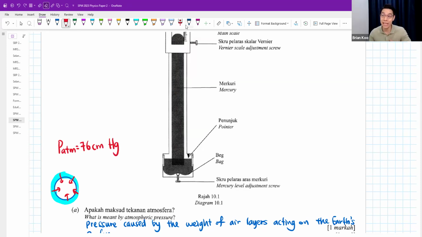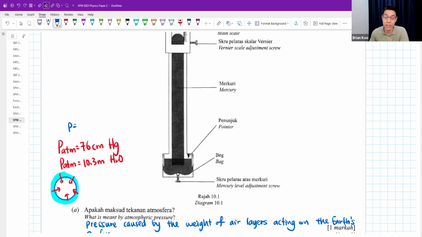That means atmospheric pressure will push the mercury exactly 76 cm high. But if I use water, I would need about 10.3 meter of water to get the exact same pressure.